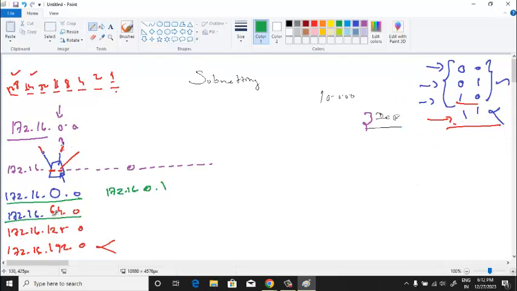If next network is 64, then here it will be 63.255. This is the broadcast IP for all in first department. This is the first IP. This is the broadcast IP. What is the last IP? 254. One less than that.